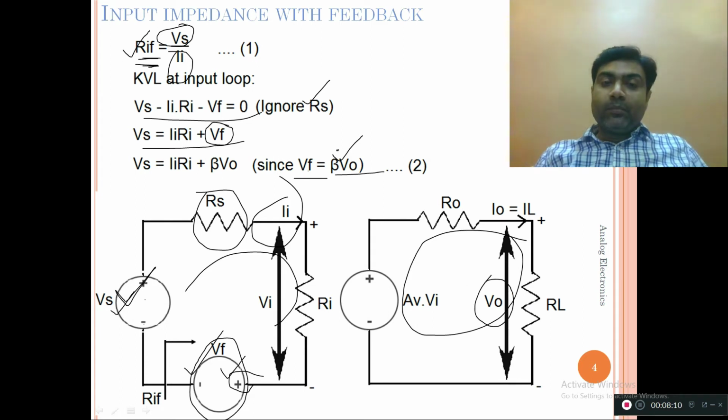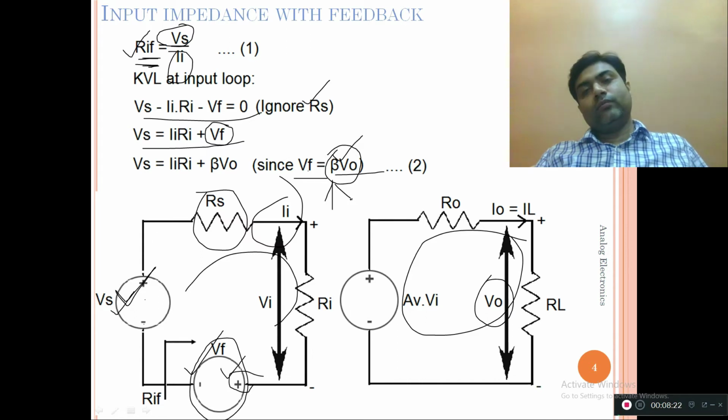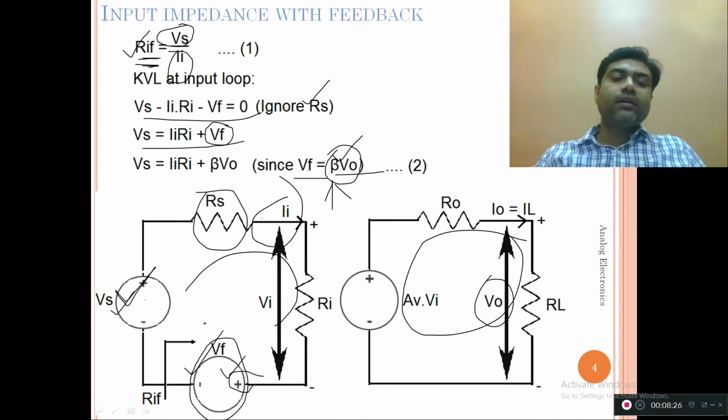So we are sampling the output voltage through our feedback network, and this beta is the feedback factor which defines what quantity I am interested in to sample from the output side and feed back towards the input side, that is the Vf. So this is the relationship, and we can give it as equation number 2.